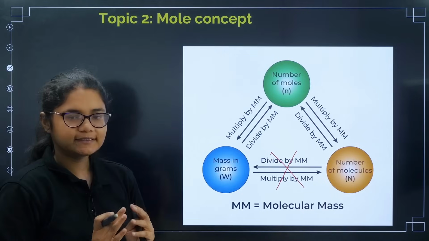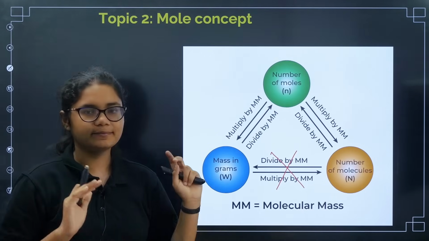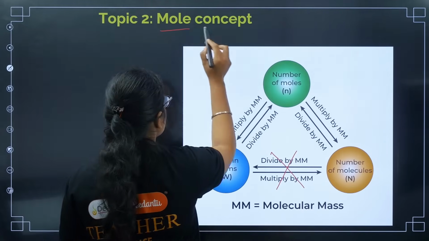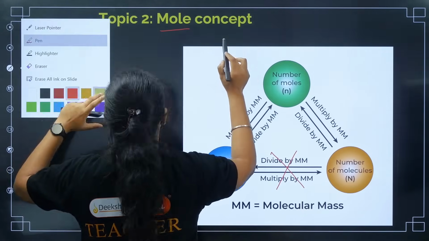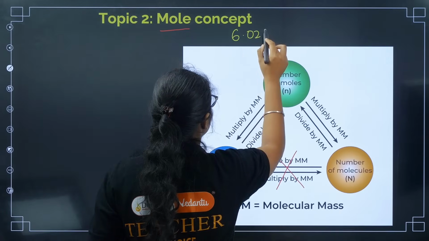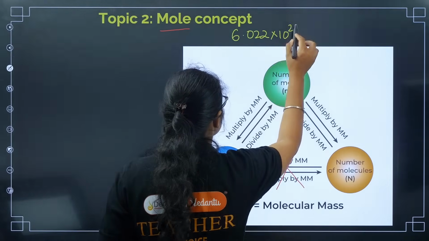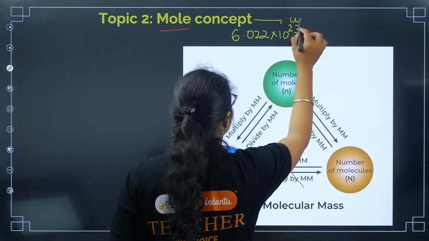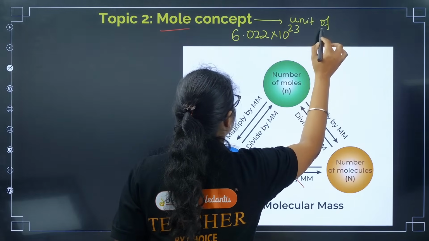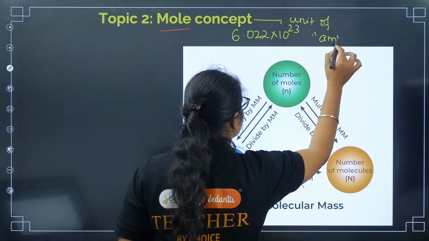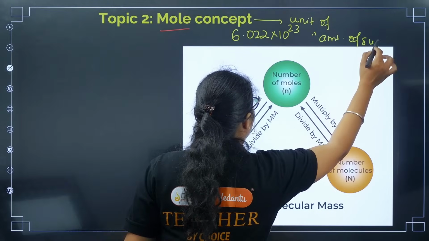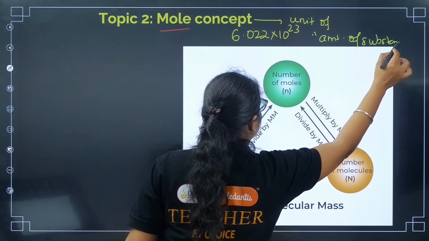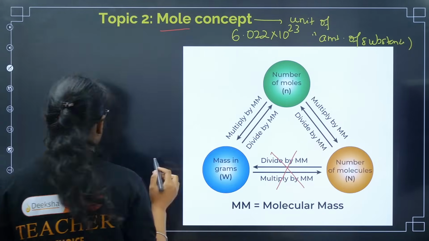Okay. So let us see the next topic, that is your mole concept. So what is there in mole concept? 1 mole of anything occupies just 6.022 into 10 to the power of 23 particles. And what is mole? It is a unit of amount of substance, right? Now, how to convert from one to another?